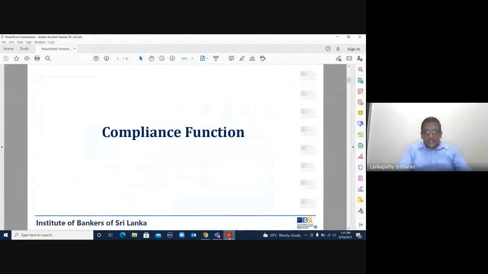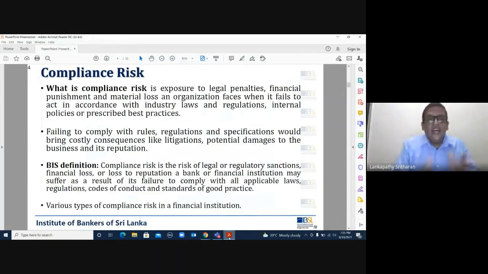Okay, the compliance function. Before discussing the related topics, first we will see what compliance risk is, because the compliance function is mainly there to manage compliance risk. In the last class in the risk management section, we saw that there are several risk categories, mainly financial risk and non-financial risk.